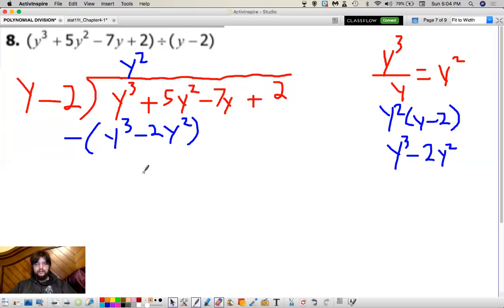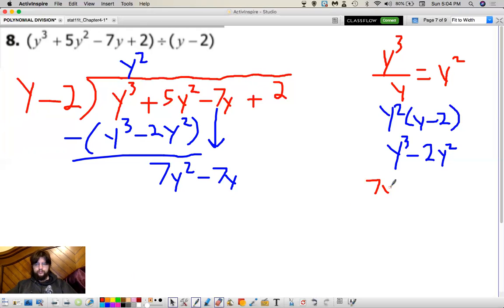And we are subtracting, so watch those signs. 5 minus -2 is positive 7y squared. Bring down. And we're going to divide first terms. 7y squared divided by y, that's just 7y.